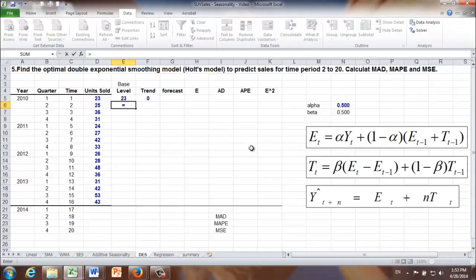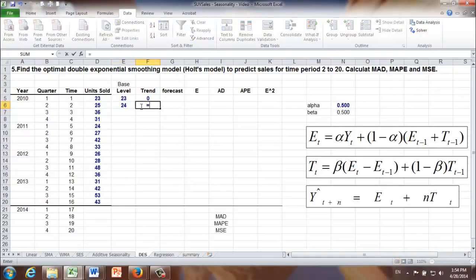It's going to be equal to alpha, absolute reference, times the actual sales of time period 2, or Y2, which is 25, plus 1 minus alpha times E_{t-1} plus T_{t-1}. That is nothing but E1 plus T1. So E1 right here plus T1 right here. Okay, we'll click return.